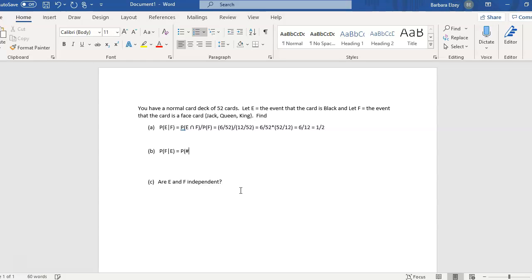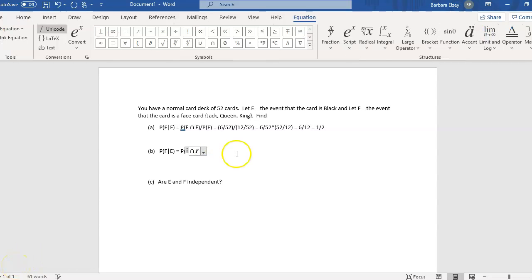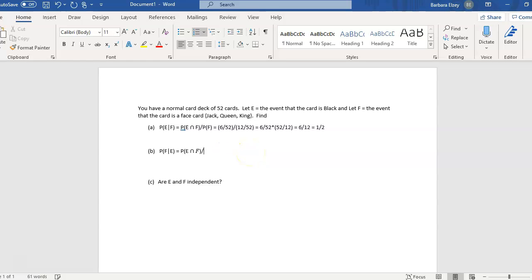Again, the formula calls for the intersection of the two events in the notation, so again, the intersection of F and E. And when we're talking about the intersection, it doesn't matter what order we write them in, so it'll look just like this, E intersect F. And then the bottom this time will be the probability of what's second in the conditional probability, so E. We already did the probability of E intersect F. That was 6 out of 52.